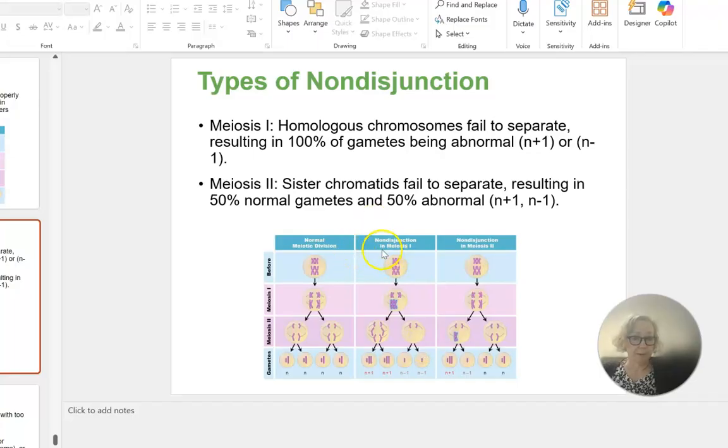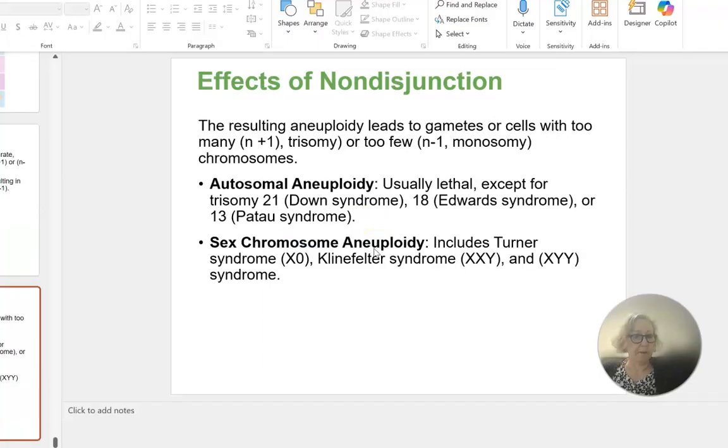This can happen in meiosis 1 and in meiosis 2. So autosomal aneuploidy, these are sometimes lethal. You can get trisomy 21, which is Down syndrome. You have Edwards syndrome or Patau syndrome. This is a chromosomal issue. It is not genetic. This is not big A, little a. You can't do a Punnett square with these.